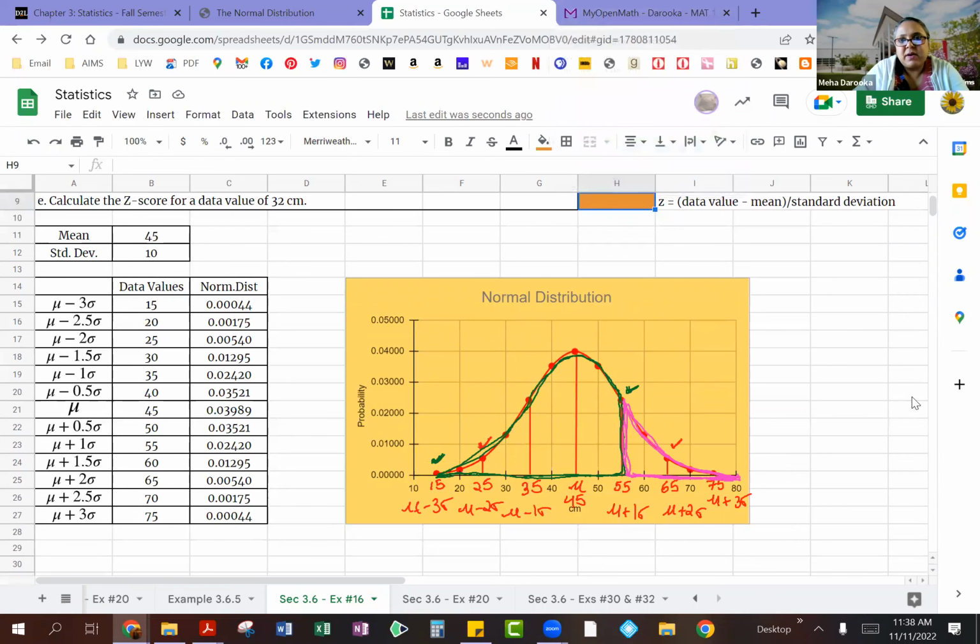So while you guys are working on that, your 32 would be between 30 and 35, closer to 30. So let's say maybe somewhere over here would be your 32. So if your data value is below the mean, will your z-score be positive or negative?